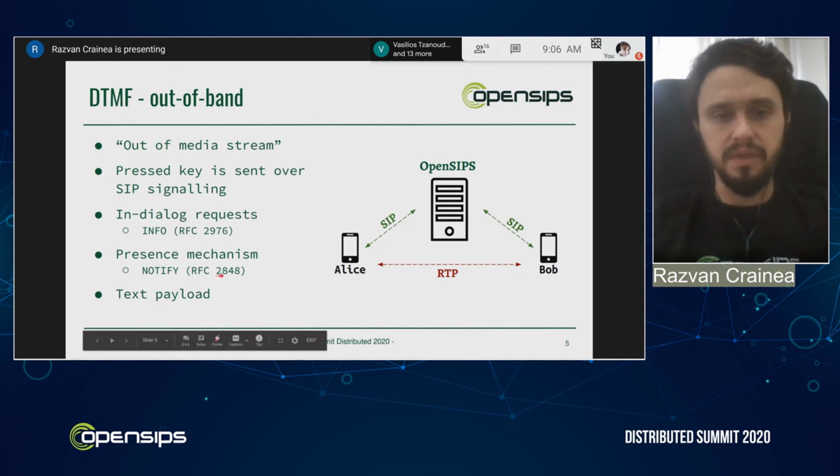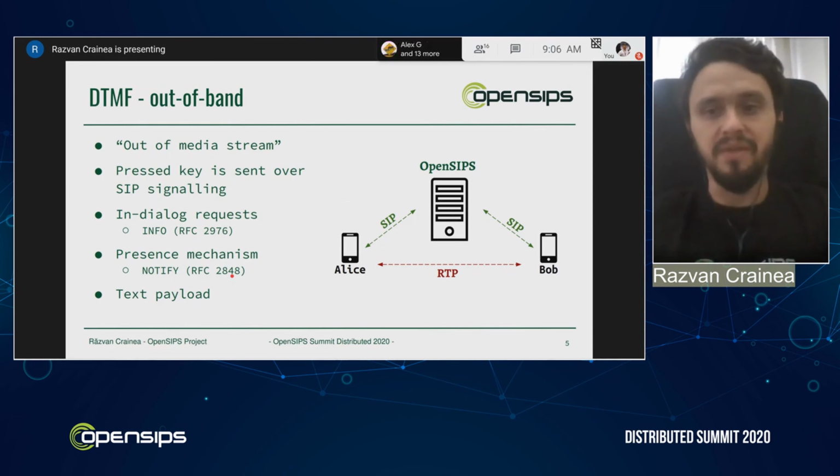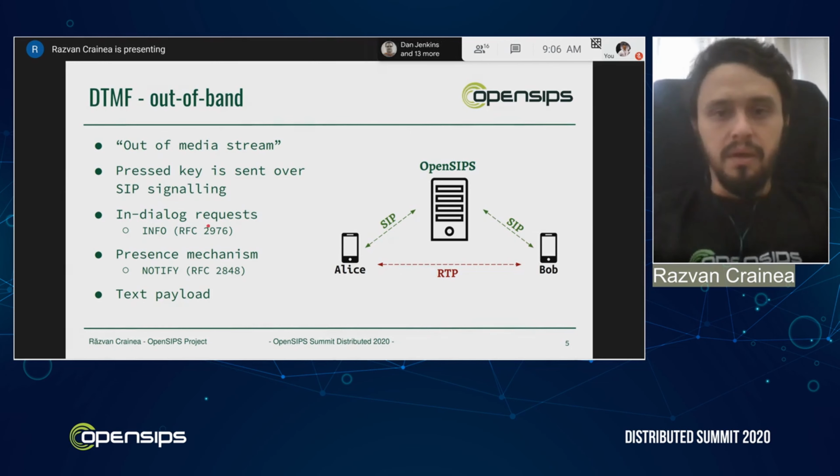This is RFC 2848, which is not that much used. In practice, I've never seen it being used, but it's there for legacy purposes. However, the in-dialog request is quite a used RFC, and you've probably met it before.